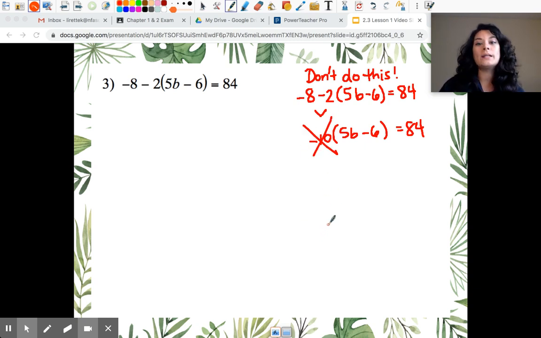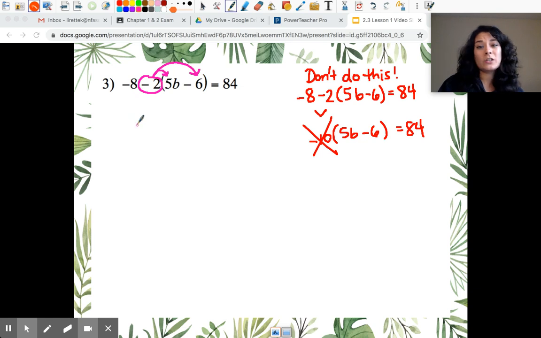Please don't try to combine any like terms until after you've distributed. You must distribute first. And in this case, we're not just distributing the 2 that's touching the parentheses, but we're also distributing this negative here. So be mindful of that. Always look to the left of the number touching the parentheses to ensure that you're distributing the correct value.